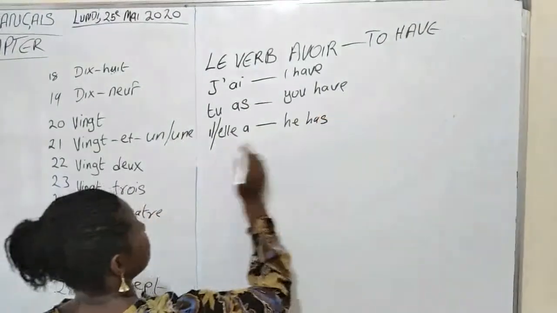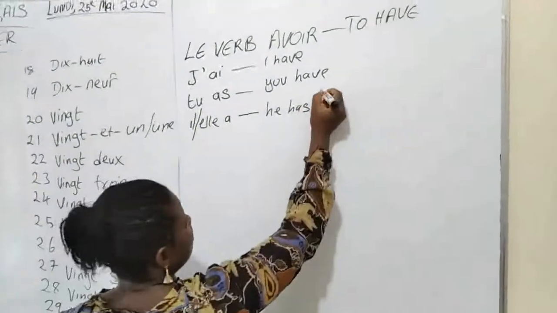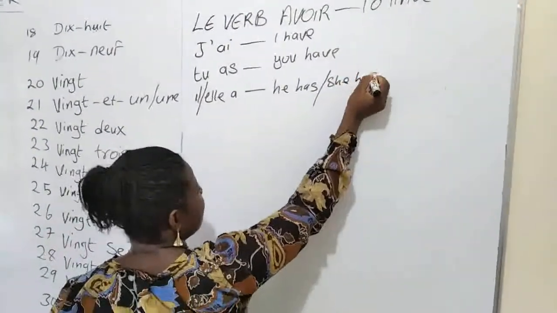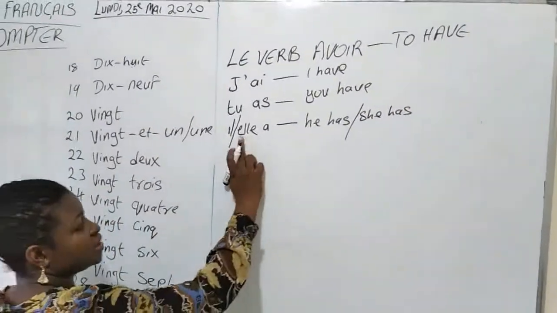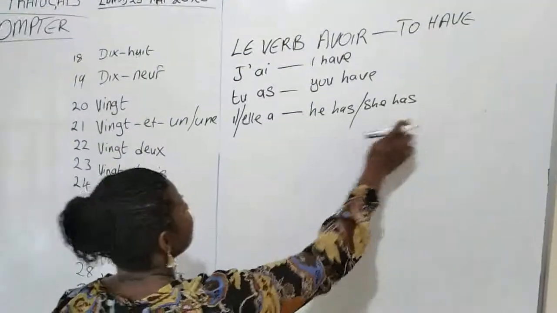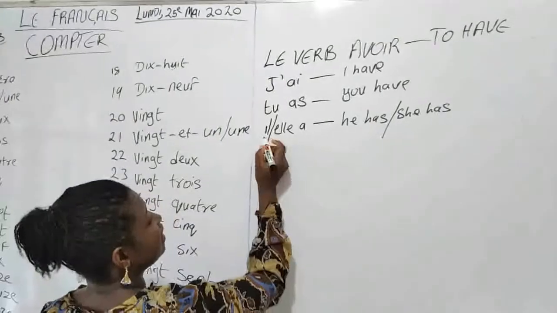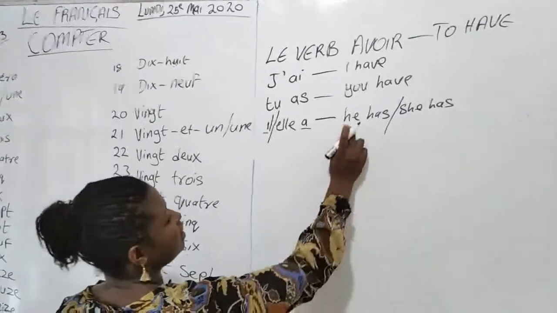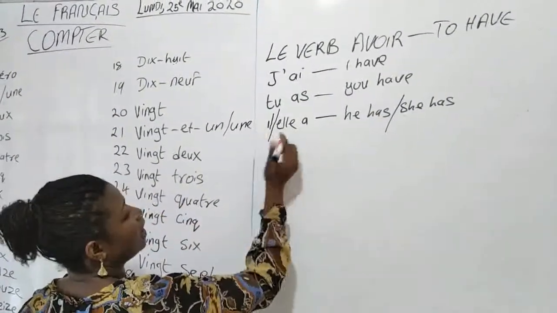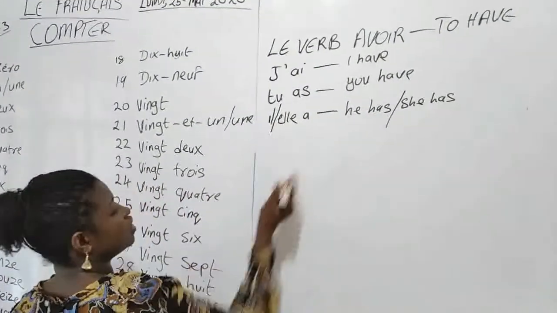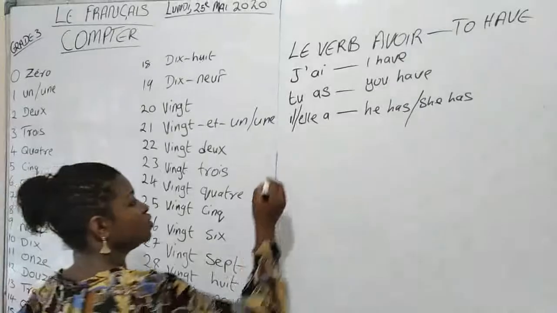You see that there is a slash here. Or she has. She has. So this is elle a, that means she has. This is il a, il a, he has. Elle a, she has. Okay. Let's go to the plural side, which is nous.